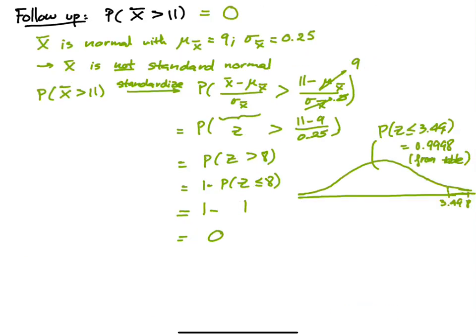When we got to this part of the problem, we were asked for the probability that x bar is greater than 11. So the variable of interest here is x bar. We know that x bar is also normally distributed with a mean of 9 and a standard deviation of 0.25. Remember that this is the standard deviation of all the sample means.